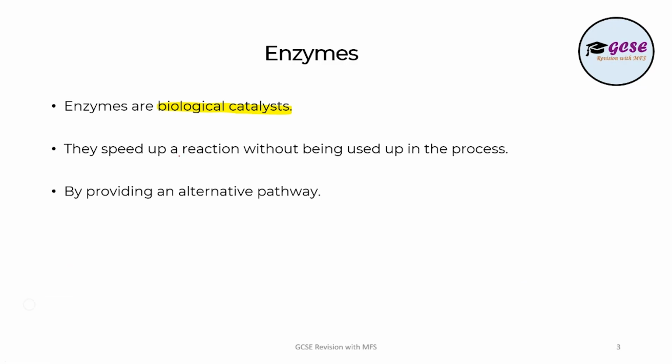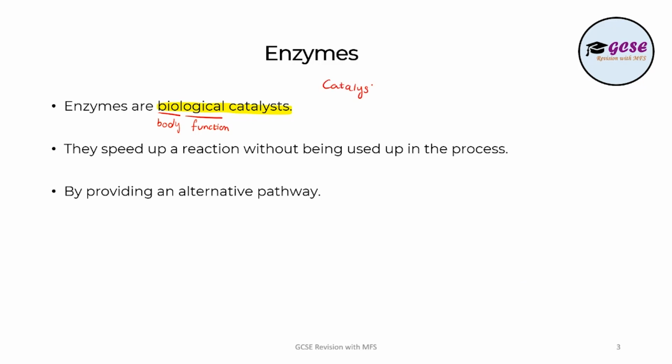If we break this phrase apart, bio is about the body, logical is about function. And now catalysts, they speed up a reaction. Okay, so you need to know what a catalyst is, and a catalyst is something which speeds up a reaction.